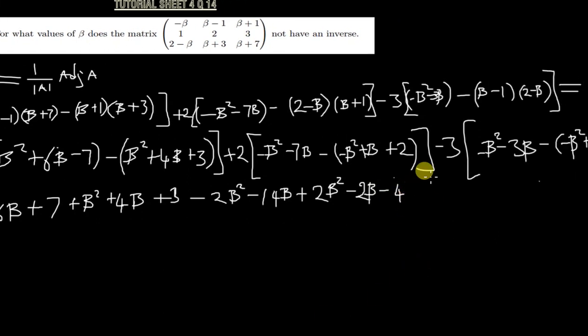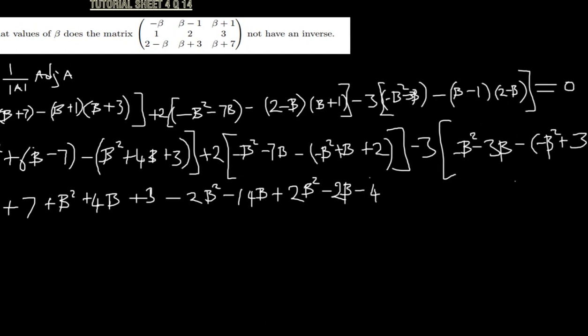So we move on to this part again, simplify it. So I'm going to say negative 3 times negative beta squared is going to give me positive 3 beta squared, and then this will also give me plus 3. So this is going to be 3 times 3 to be 9 beta.